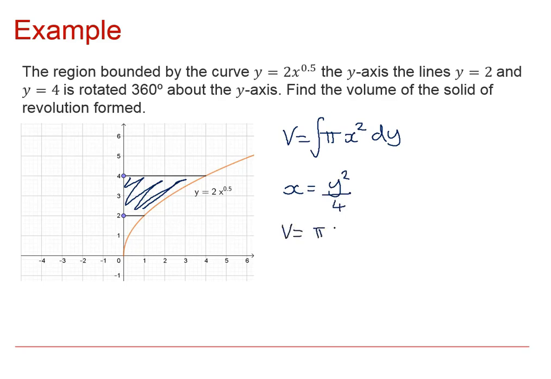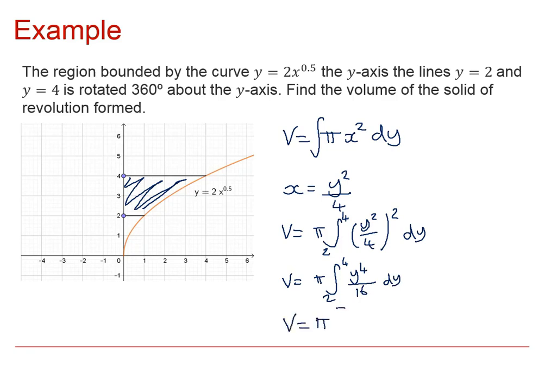So the volume is pi times the integral between 2 and 4 of y squared over 4, all squared, with respect to y. So that's pi times the integral between 2 and 4 of y to the 4 over 16.